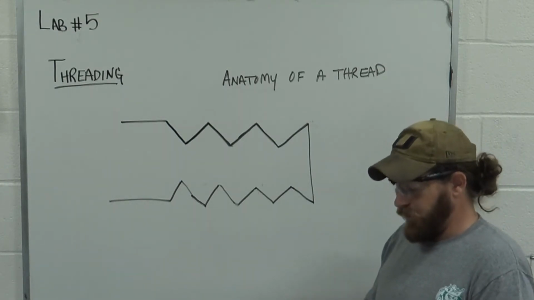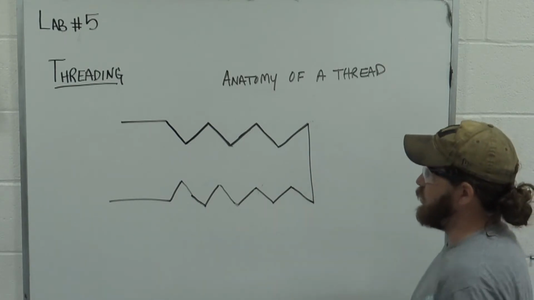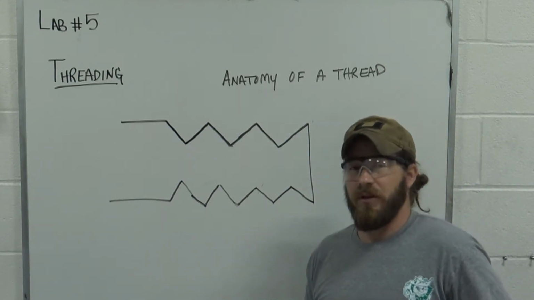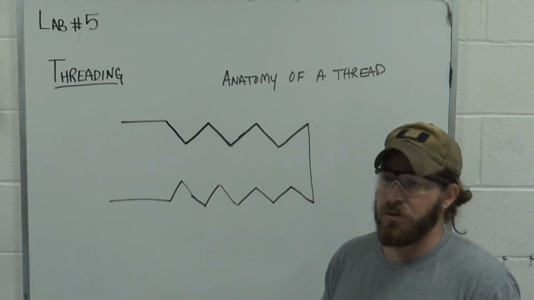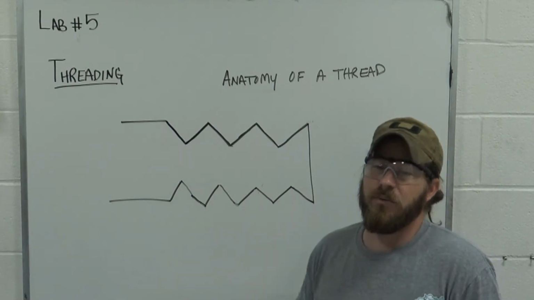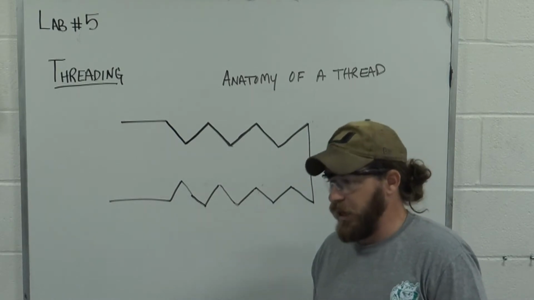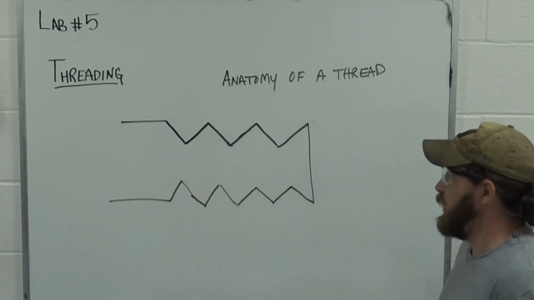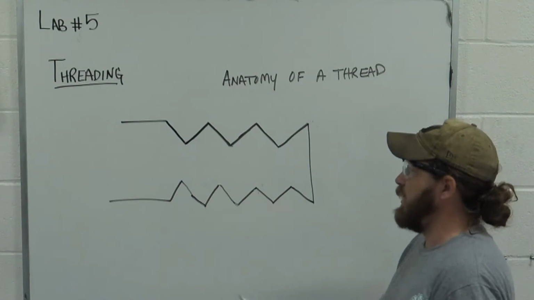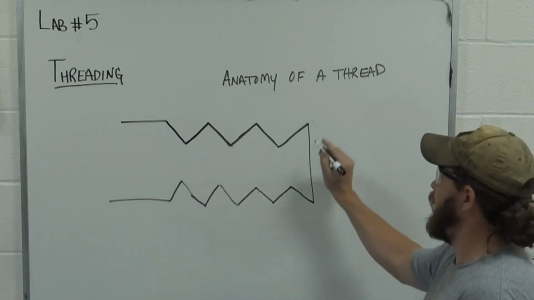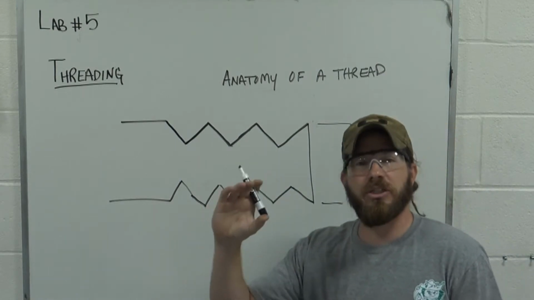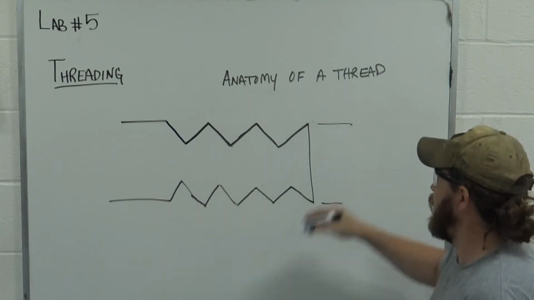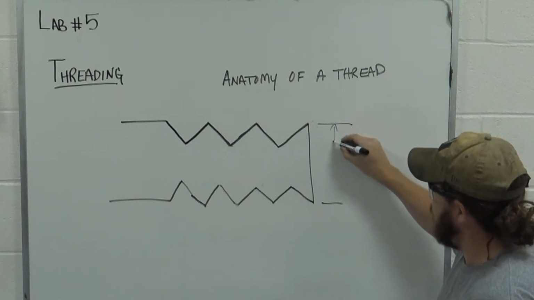So if you would like to pause this video and draw this out, it would be very beneficial to you because these are terms that we're going to be using throughout the course, all right? And if you don't understand what these terms mean, you're going to be in trouble, all right? So the first thing we're going to talk about on this thread right here is the largest part of the diameter of the thread.